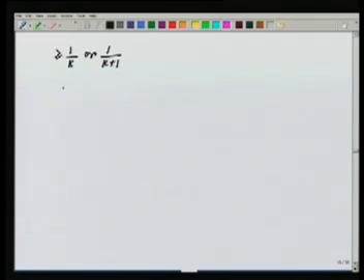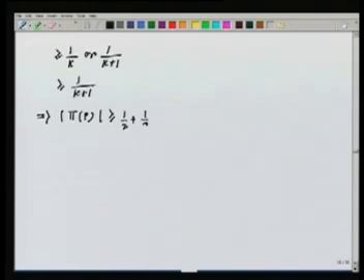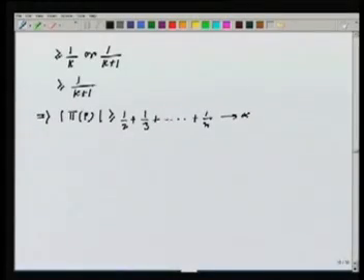In any case, it is bigger than or equal to 1 by k plus 1. And hence, since I am summing over the k's, the length of P is bigger than or equal to half plus 1/3 plus so on up to 1/nth. But I know that the right-hand side is almost the nth partial sum, except the first term, of the divergent infinite series 1 by n. So it goes to infinity as n goes to infinity. This implies the curve is not rectifiable.